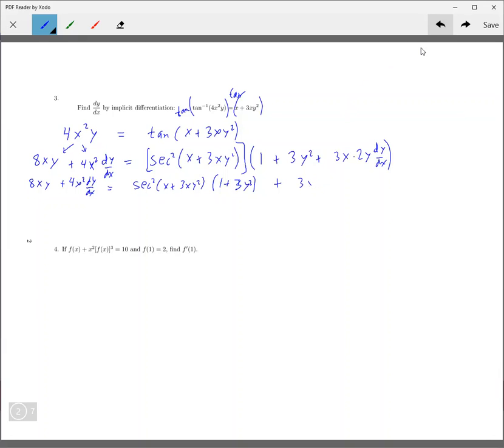So this is going to be 6, but I better keep the same order. Now essentially this one goes to the left, this one goes to the right. And then I'm going to take this to the left and factor dy/dx out. I'm going to do 2 things at once.